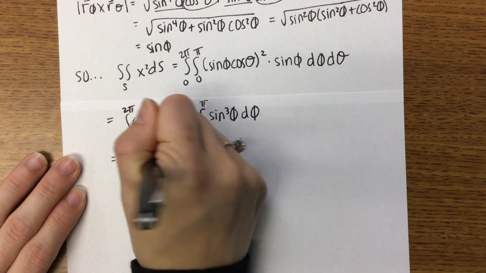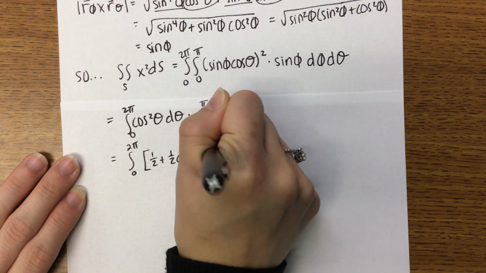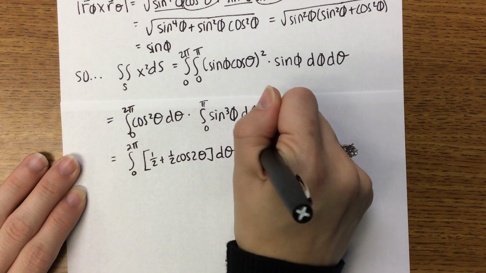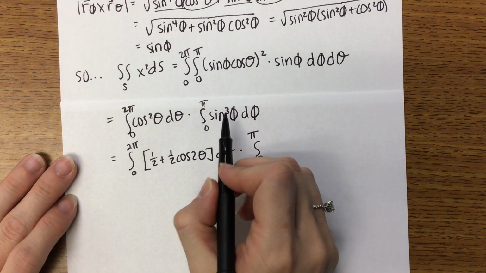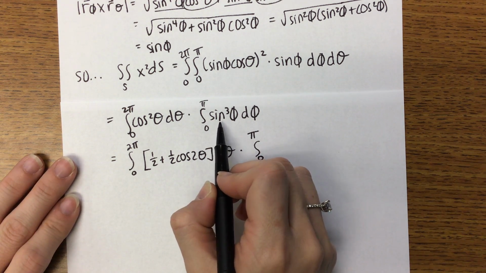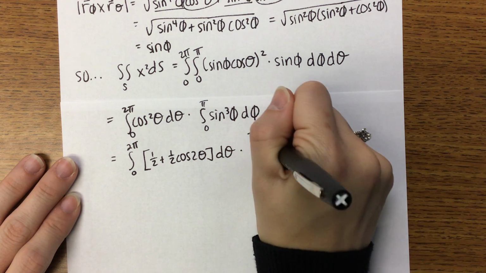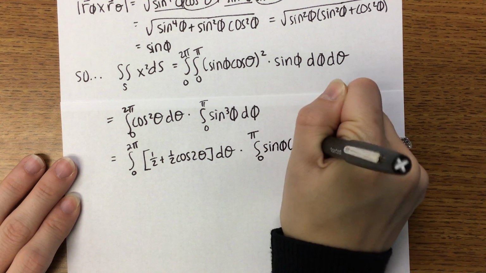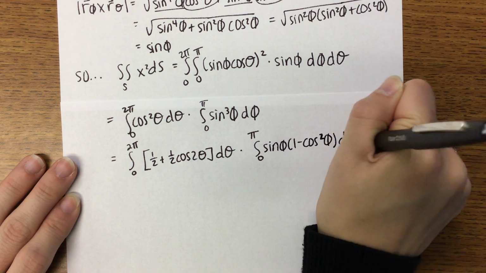That's one that we've seen before. So 1/2 plus 1/2 cosine of 2 theta d theta. Second one, if you consider that to be sine of phi times sine squared, you can replace the sine squared. So this is really sine of phi times 1 minus cosine squared of phi d phi.